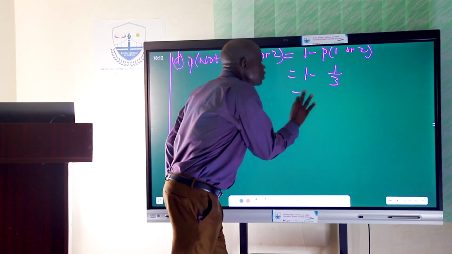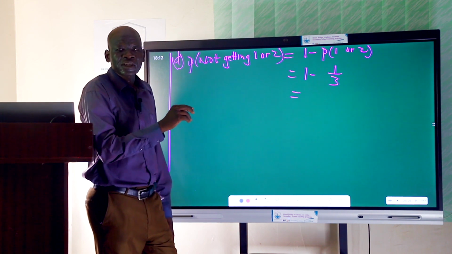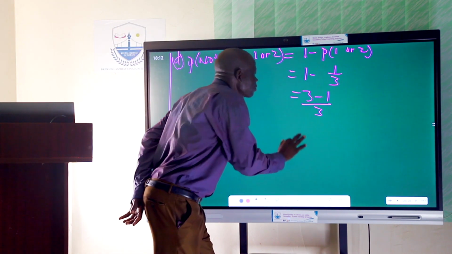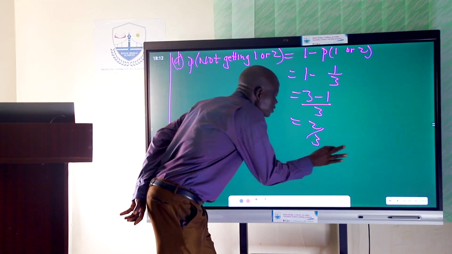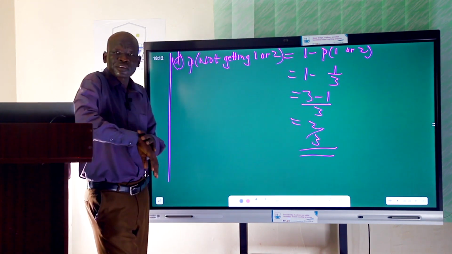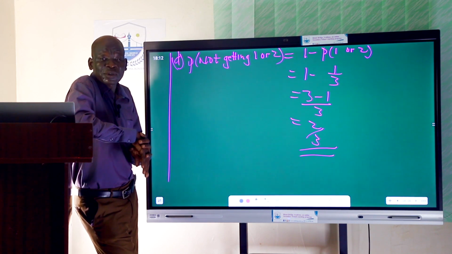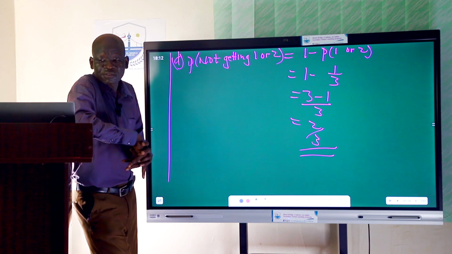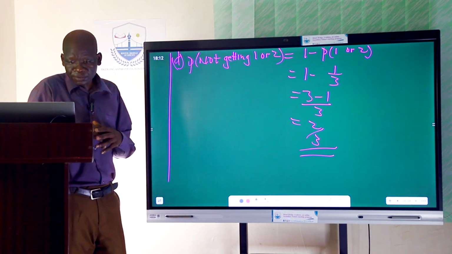And when we simplify, 1 minus a third will give us 3 minus 1 out of 3, giving us 2 over 3. So the answer will be 2 over 3, which is the same as 0.667 when converted to decimal places.